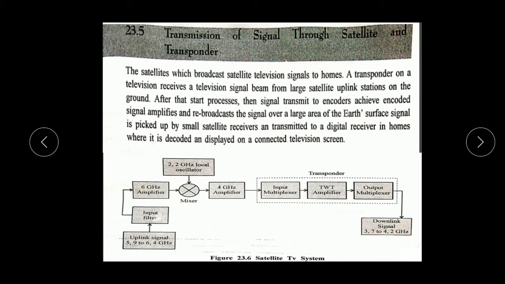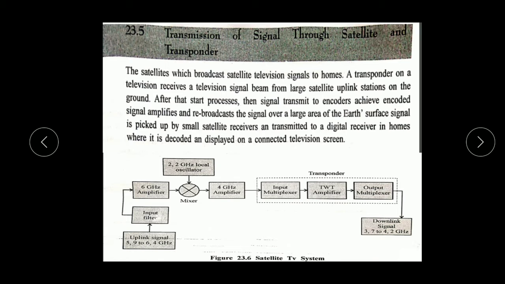So the concept of the satellite TV system is that at the earth station there are a number of program channels. They record the program and send it to the common broadcast center.